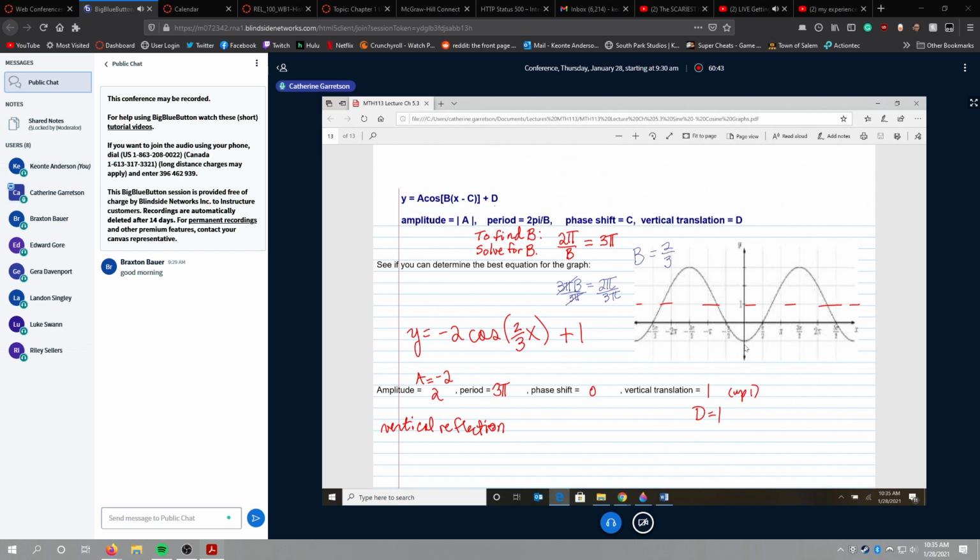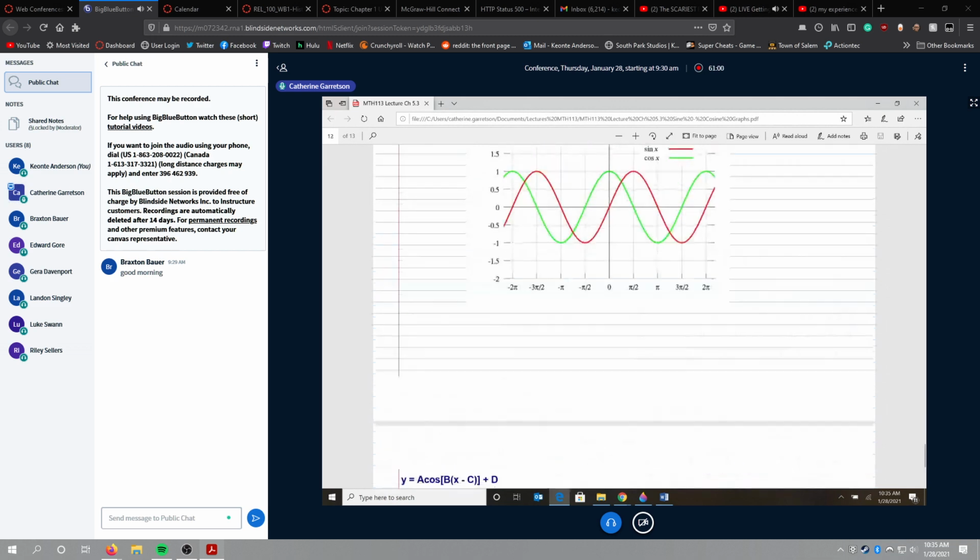Think about when you're at the origin or you're on the y-axis. The sine function was crossing through the origin, right? So it was halfway.